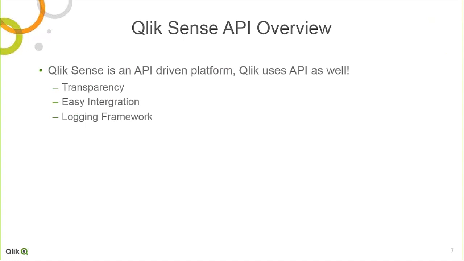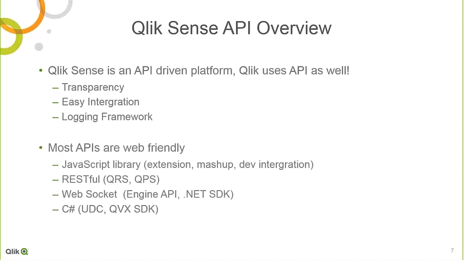Of course, it achieves very easy integration for external or third-party solutions or additional modules. One big benefit we get from it is that we use a unique logging framework, so everything is logged, no matter whether it's internal traffic or external.